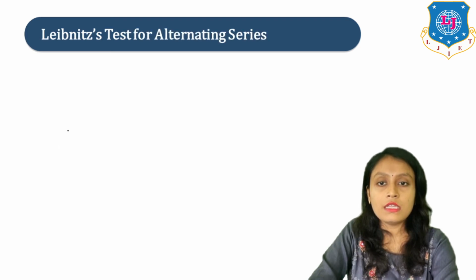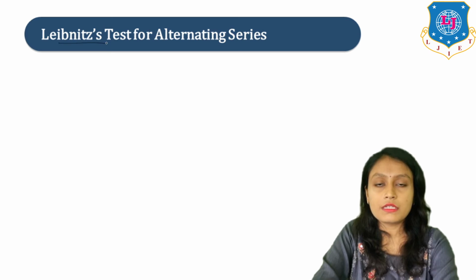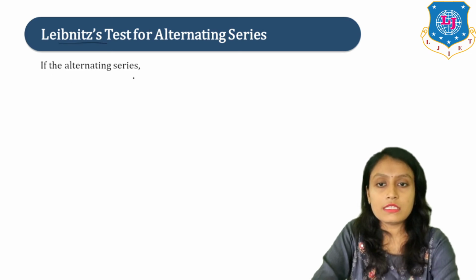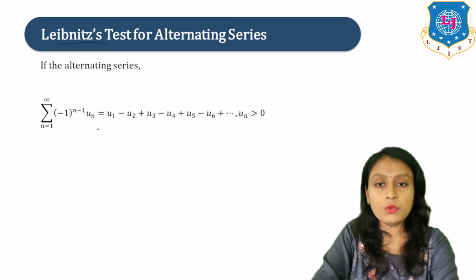So now let's study a method to solve alternating series, which is known as the Leibniz test. The statement is, if the alternating series (-1) raised to n minus 1 u_n, which we can write as u1 minus u2 plus u3 minus u4 and so on, where u_n is greater than 0, satisfies the following conditions.